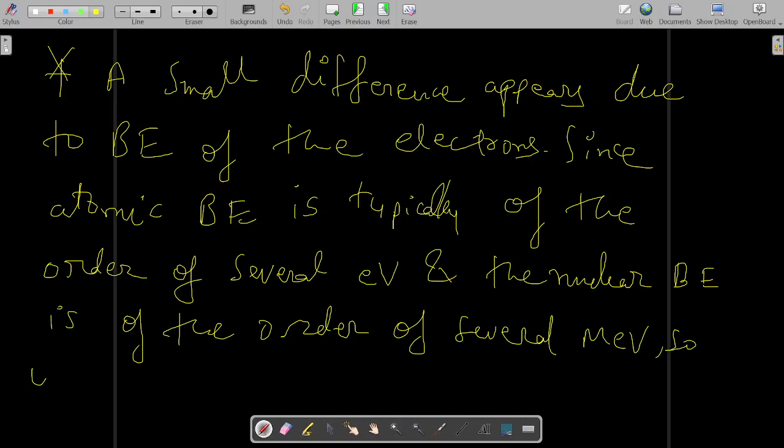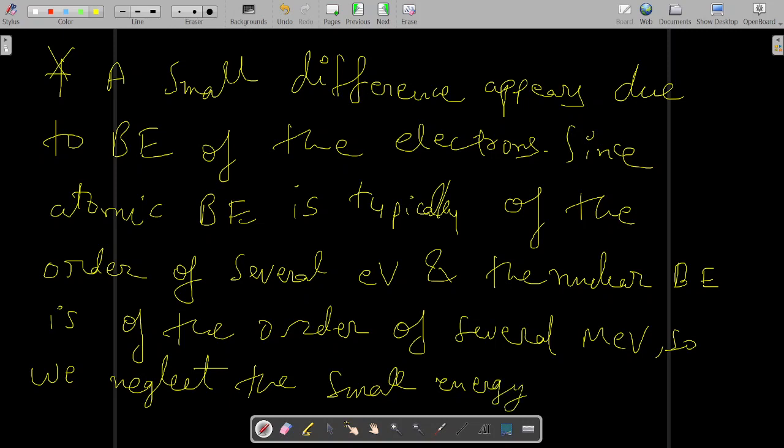So we neglect the small energy or mass difference, Be by c square, due to electrons.